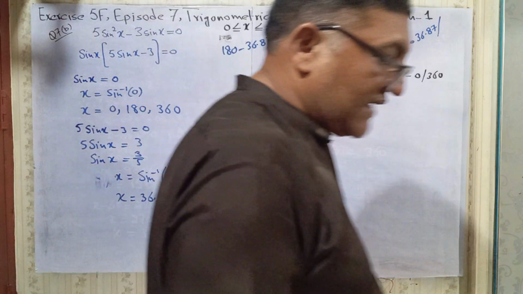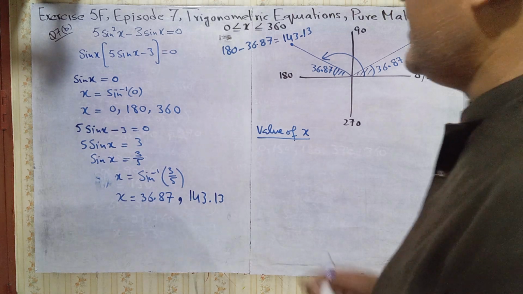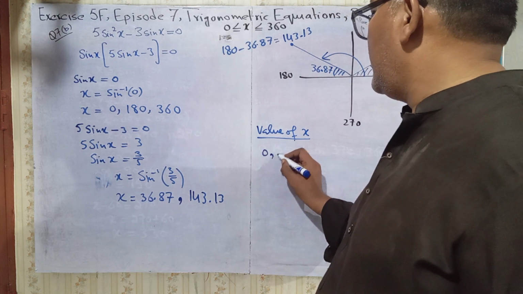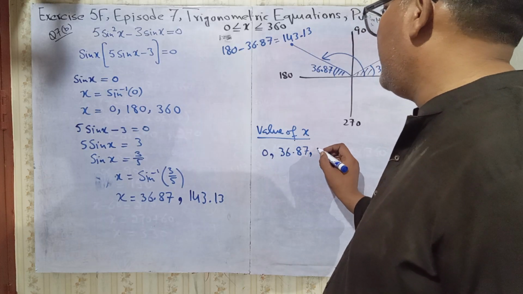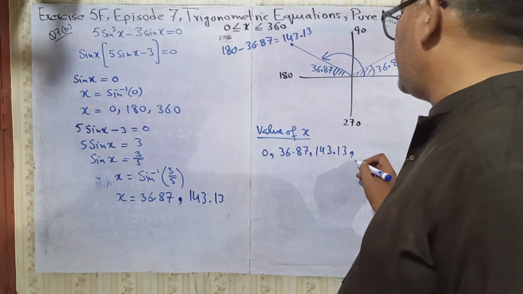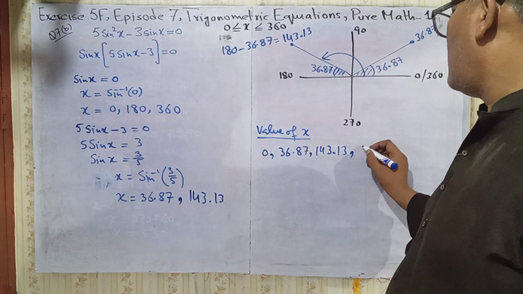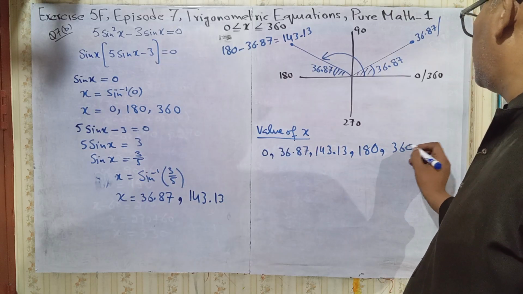I got the values. It can be 0, it can be 36.87, it can be 143.13, it can be 180, and it can be 360.